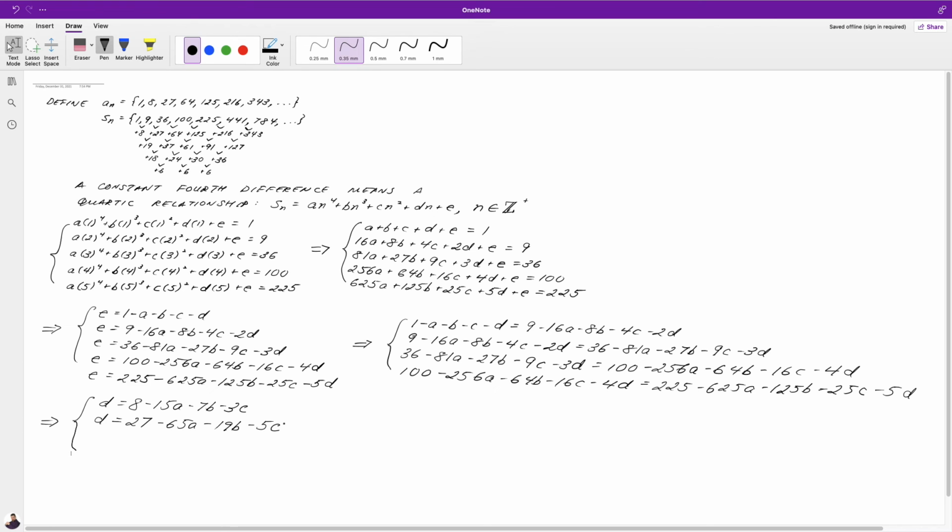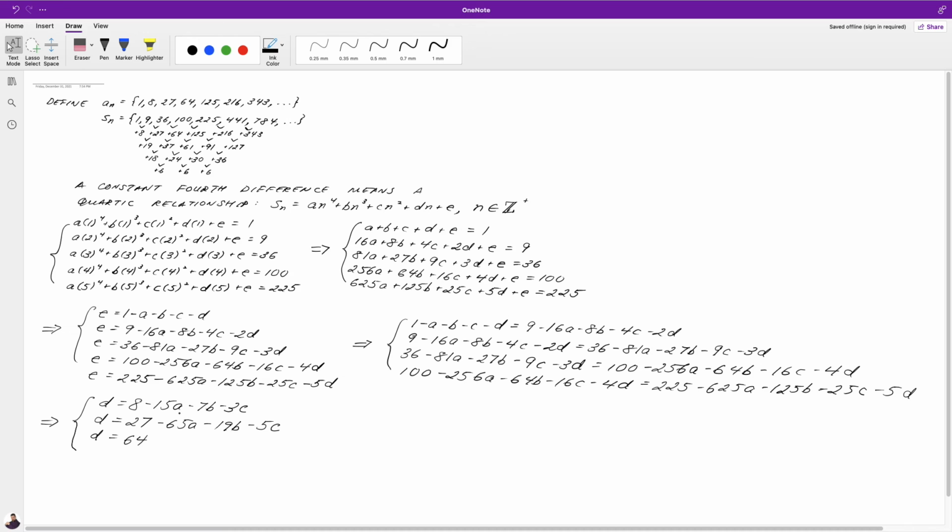Let's add 4D to both sides. Okay, and subtract 36 from both sides. Add 81A to both sides. I have to think about this one here. Adding 81A to both sides.